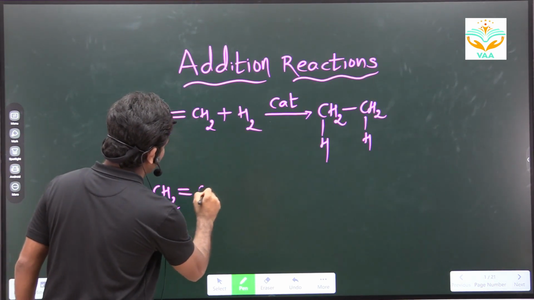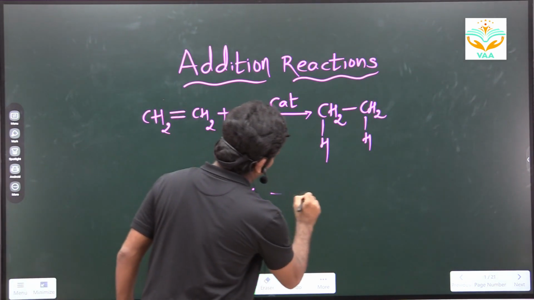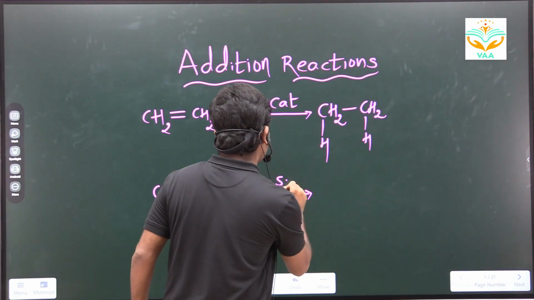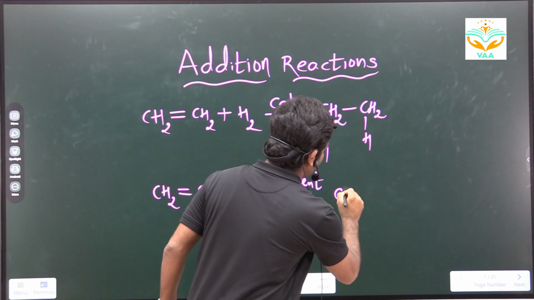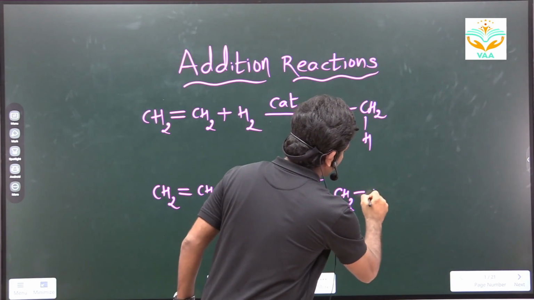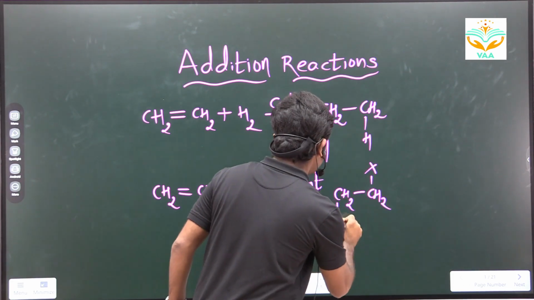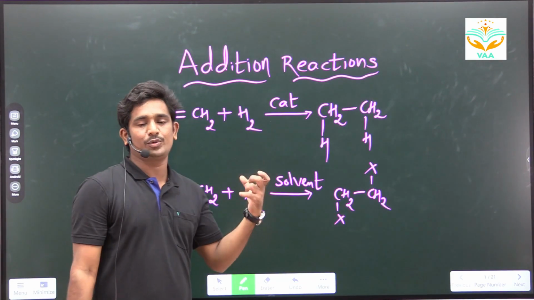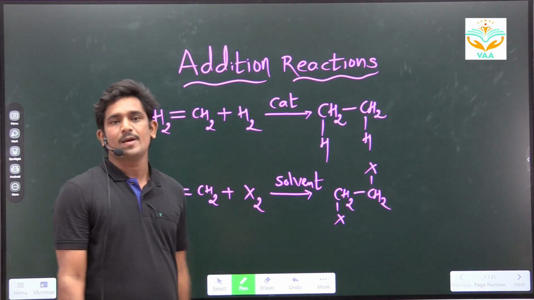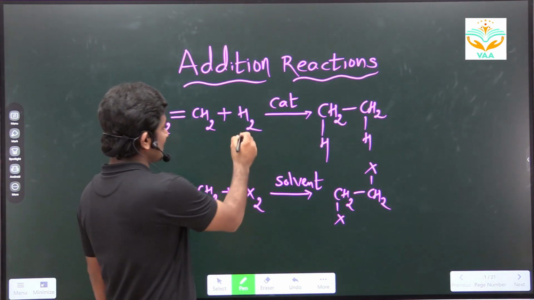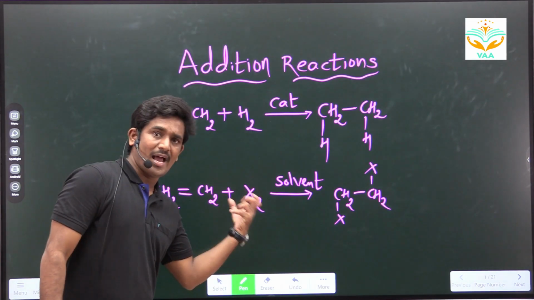CH2 double bond CH2 plus X2 in the presence of solvent will give this compound, where X is a halogen atom, like F2, Cl2, Br2 or I2. Okay, so this is called a hydrogenation reaction, and this is a halogenation reaction.